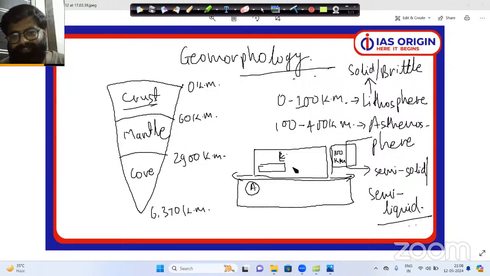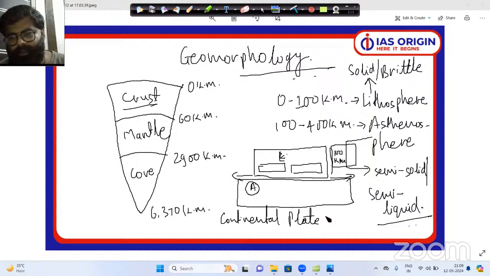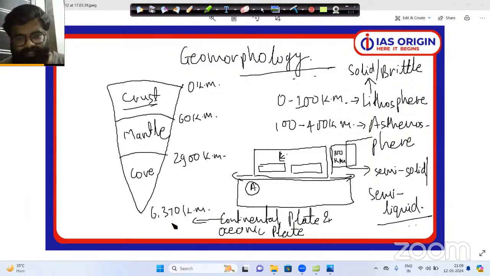Two types of plates are there inside the lithosphere, and these two plates are known as continental plate and oceanic plate. Now, what do you mean by continental and oceanic plate? Please understand this. If any plate is made up of granite, that is basically known as continental plate.